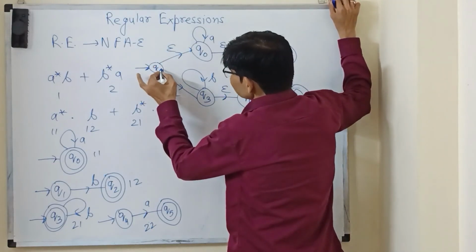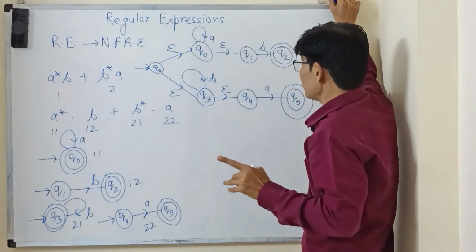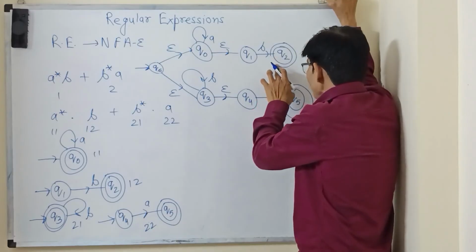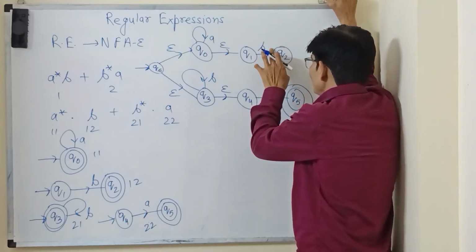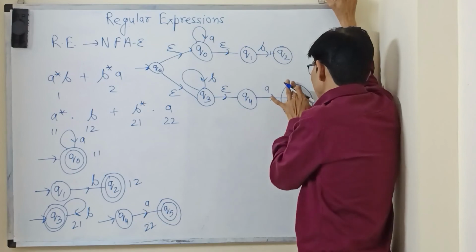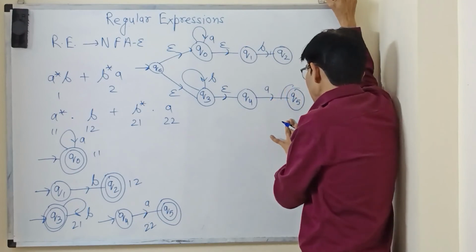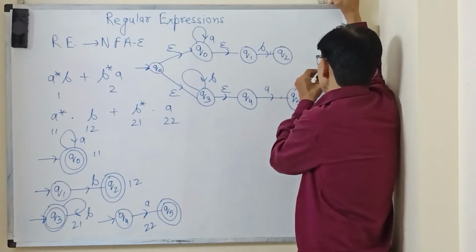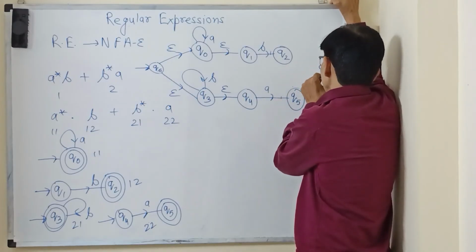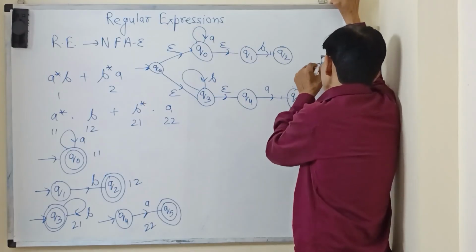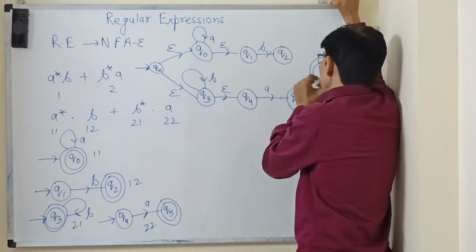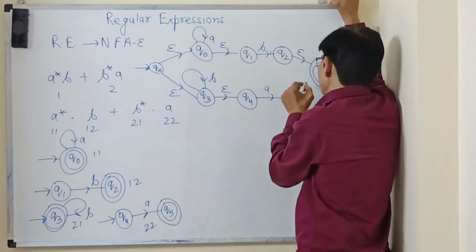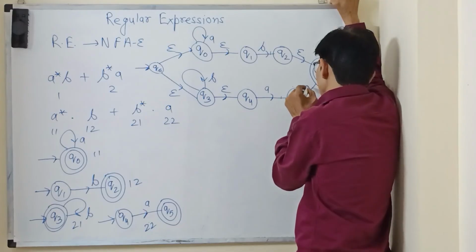Now we need to have only one final state in the machine. So I will remove these final states from this machine, and then I will create one more state there as Q7, and I will make this the final state. And these two final states would be connected with the new final state with the help of epsilon transition.